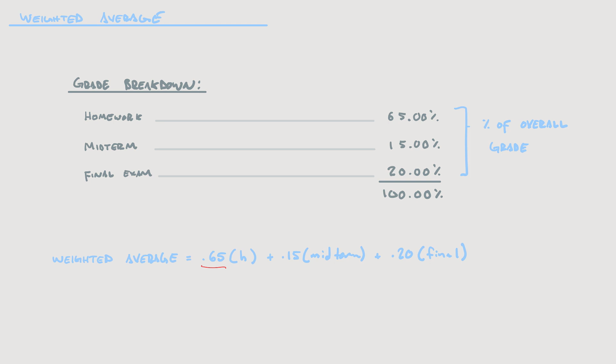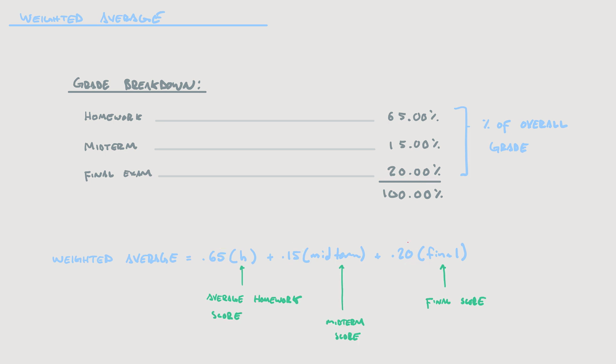We add that to 0.15 times your midterm score, because the midterm is worth 15%, and then add that to 0.2 times whatever you get on the final, because the final is 20% of your overall grade. Again, 0.65 plus 0.15 plus 0.2 is 1, so all 100% of your grade is allocated.